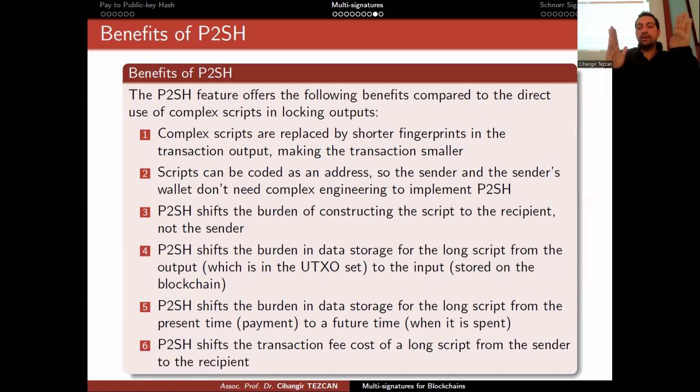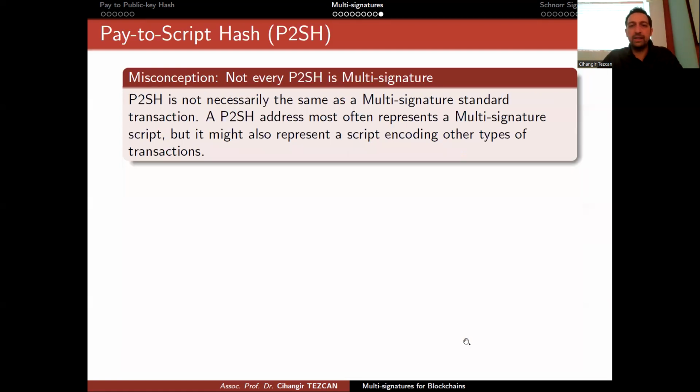So their transaction is really small, and they pay a very small amount of fee. But when you want to redeem that money that belongs to you, you have to provide the script. Whenever you want to redeem your money that is paid to a 3 address, you have to provide the script at that time to unlock it. So now you are providing a huge input. So the fee now belongs to you, not the sender. That is the whole idea.